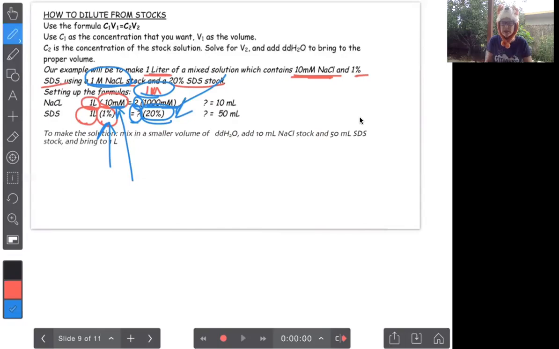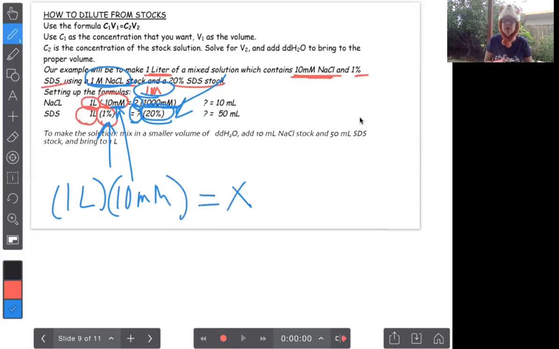So let's do it instead of just showing it. So 1 liter times 10 millimolar equals X. Let's not do X. X is scary. We don't like X.